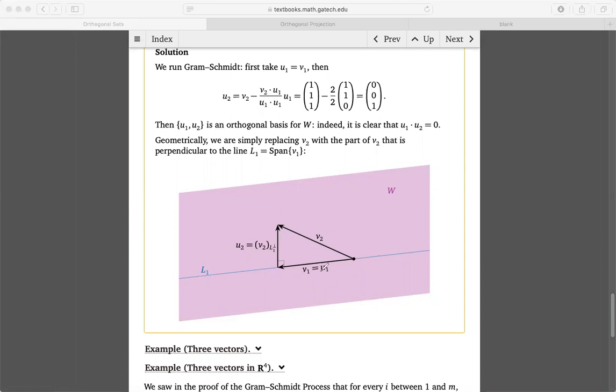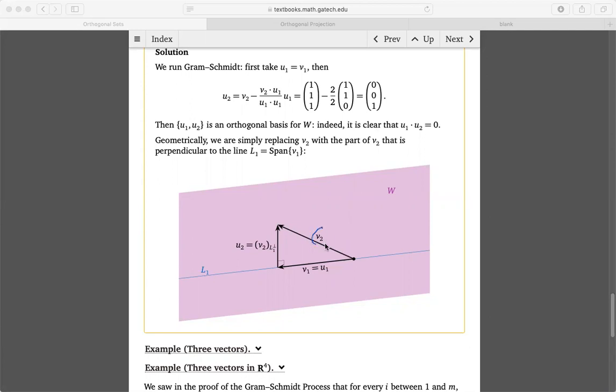To find an orthogonal basis, we first declare our first vector to be the first basis vector. We need to start somewhere. This is the only arbitrary step.